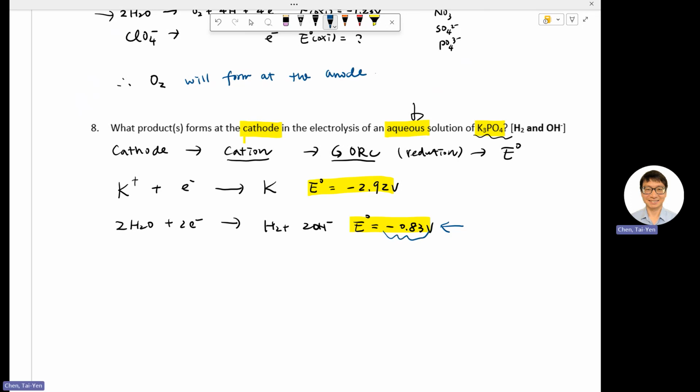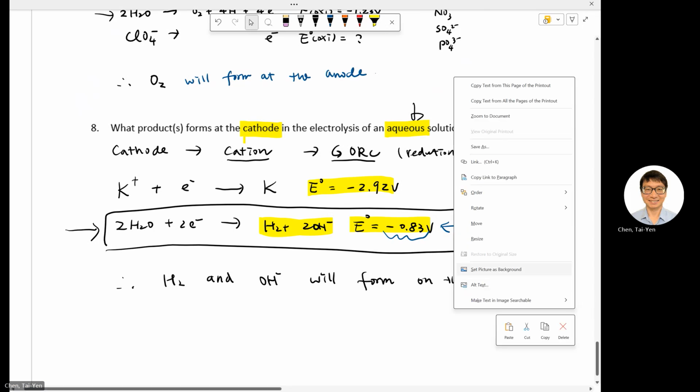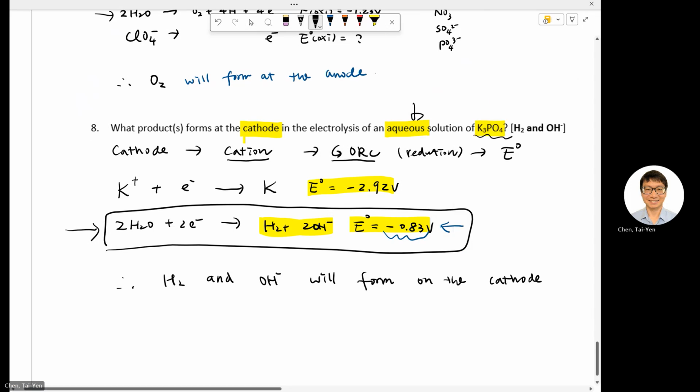Therefore, this will be the reaction that's going to happen during the electrolysis. Once this happens, the products that form will be H2 and OH minus at the cathode. So this is how you solve this problem.